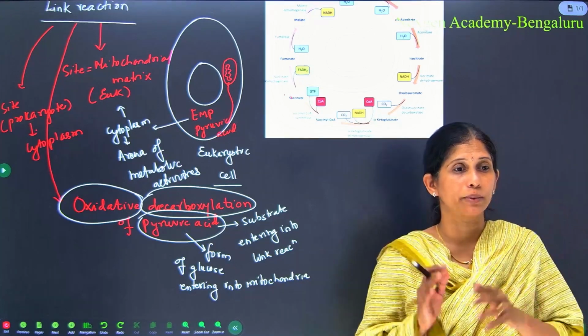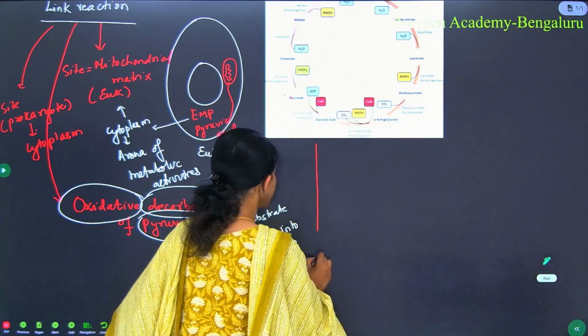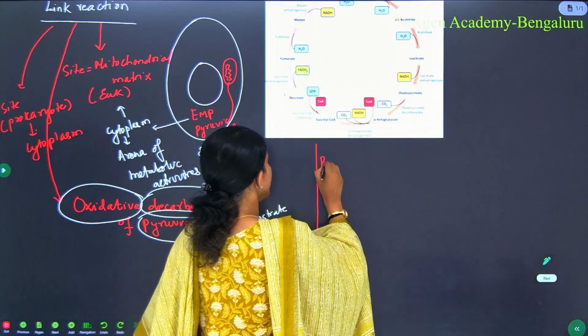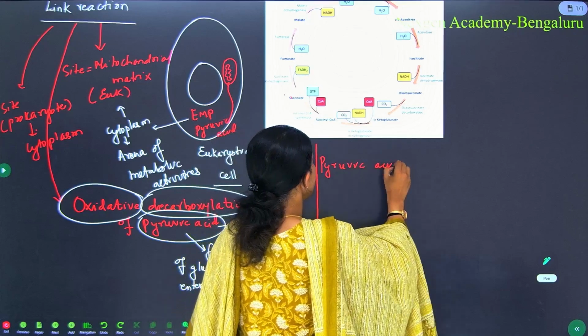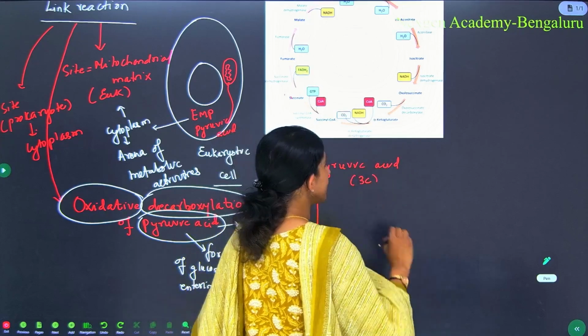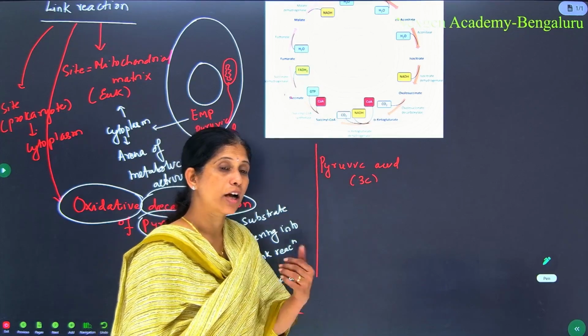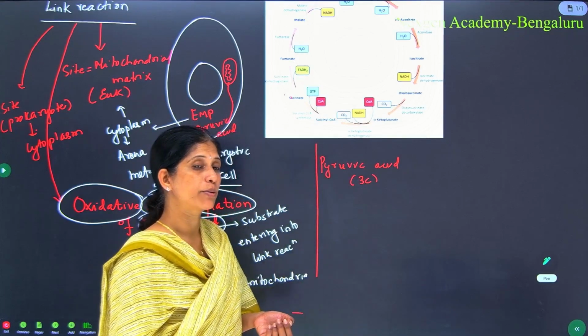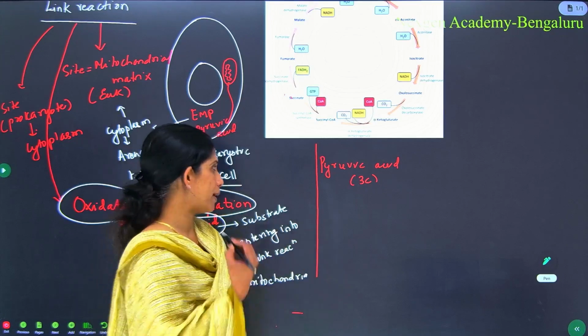What exactly will be happening here? Pyruvic acid, we know, is a 3 carbon compound, and we know how many molecules of pyruvic acid have been produced as a result of glycolysis: 2 molecules of pyruvic acid.